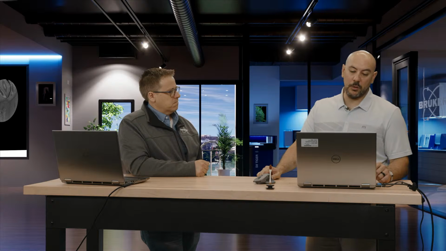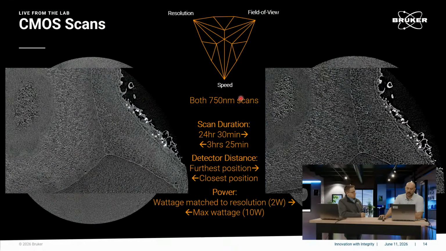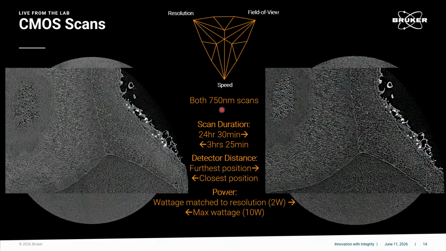Yes, and an important thing, so if we go back to the slides, I'll show you this. These high resolution CMOS scans were done at 750 nanometers. So you go for 0.75 watts. Right. That's what I wanted to clarify here. What do you do? I did these at 2 watts. The high quality one at 2 watts, because the spot size on the transmission source is 2 microns for the Poseidon.